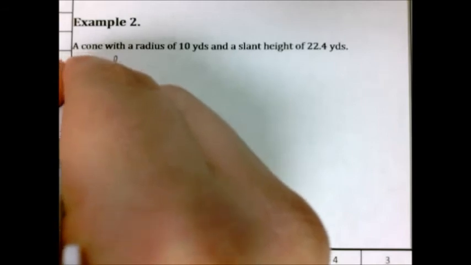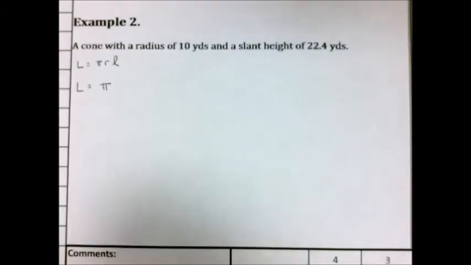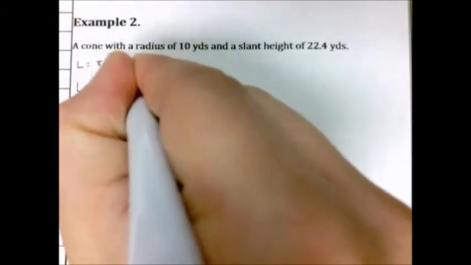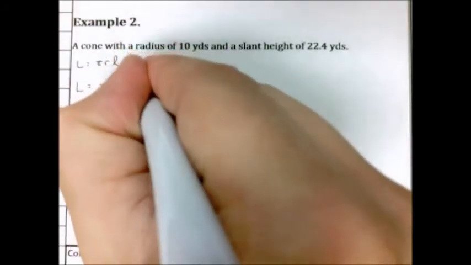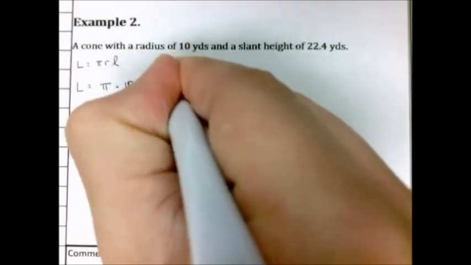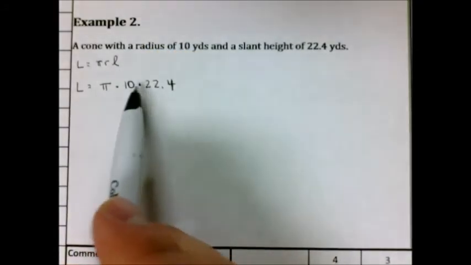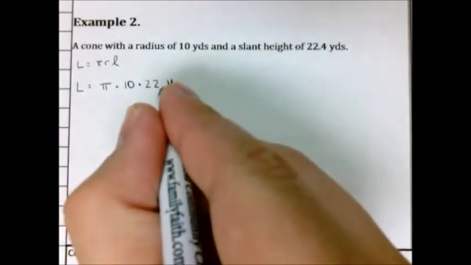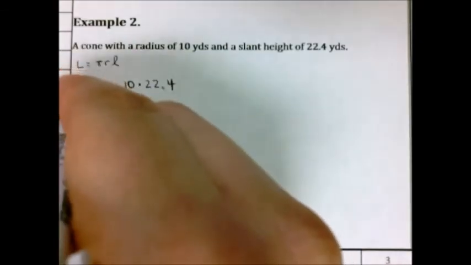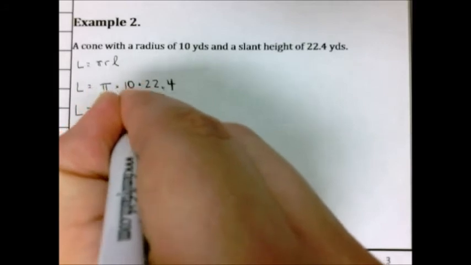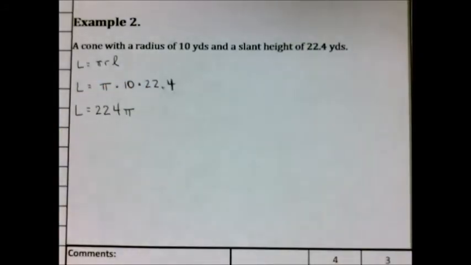So we plug that in: pi times 10 yards times 22.4. When you multiply by tens, you're just moving the decimal point over, so we move it over 1, and our lateral area is 224 pi. That's the area around the shape, not including the base.